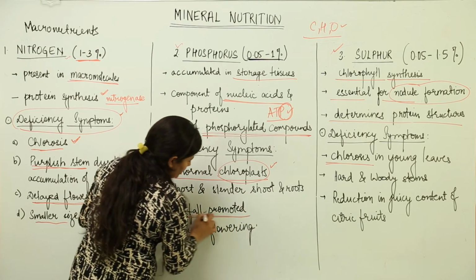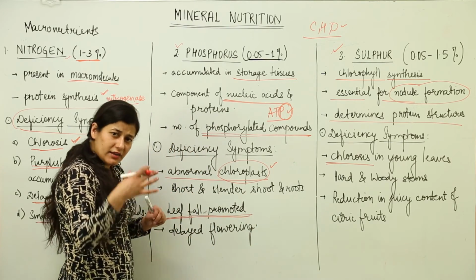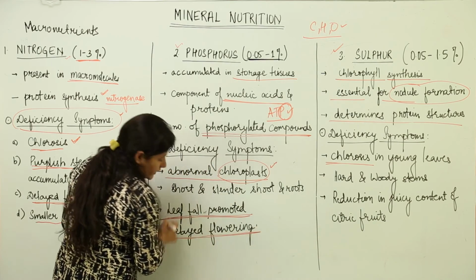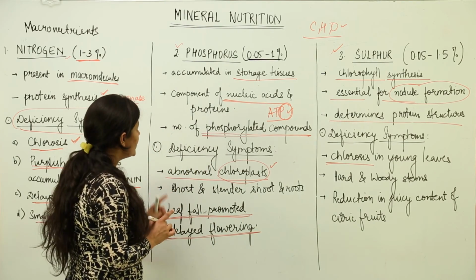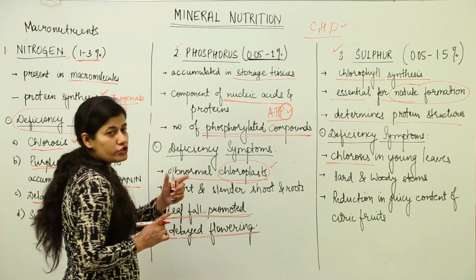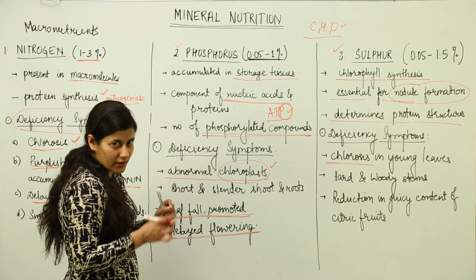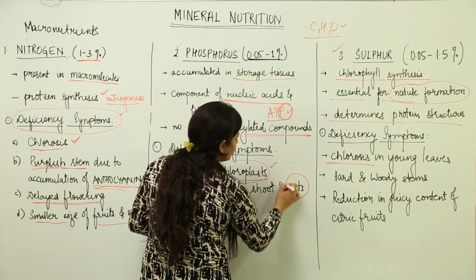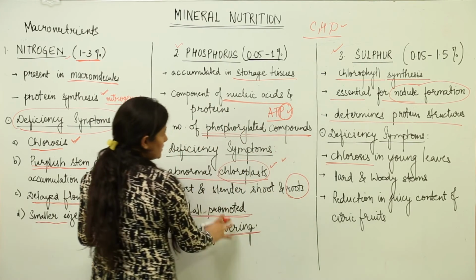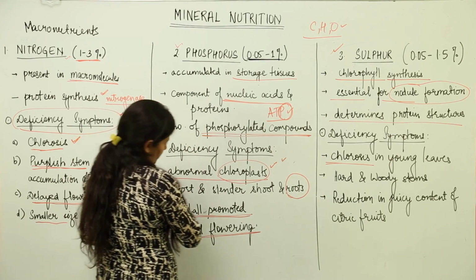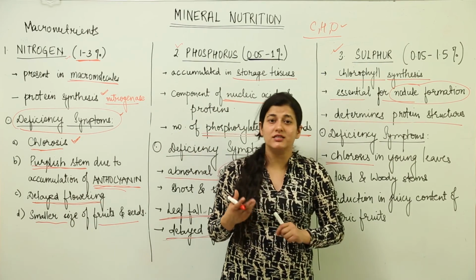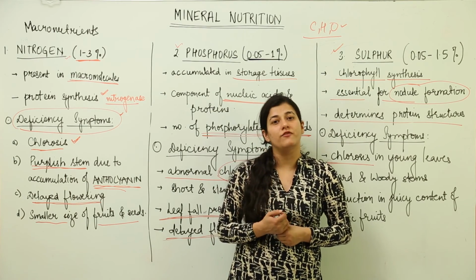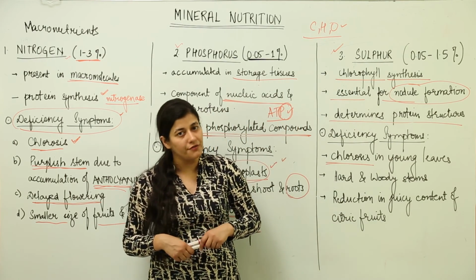That means leaves after yellowing would die and fall down. There would be delayed flowering. Flowering would be delayed in the plants. And the shoots and roots would be short and slender, very thin, thinner than expected, and the root system is quite extensive. So these are the various deficiency symptoms which are going to come into our knowledge in case the plant is not having appropriate uptake of phosphorus and the soil is deficient of phosphorus.